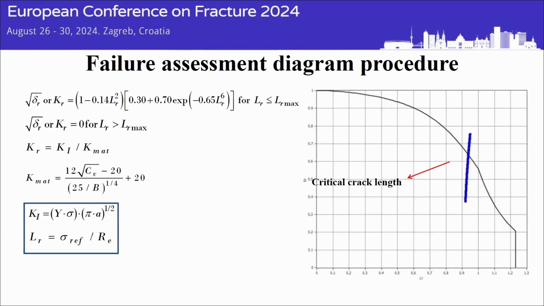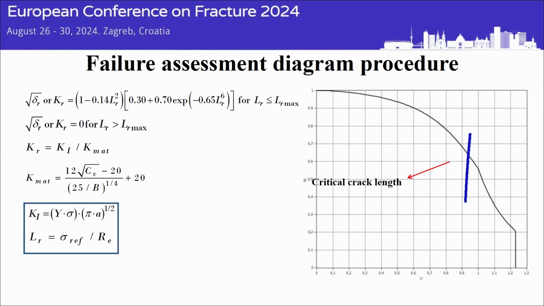And here you can also see some of the basic formulas behind the whole procedure. These formulas here refer to the limit curve. Everything that is inside the limit curve is considered safe, and everything outside of it is considered that it will fail.